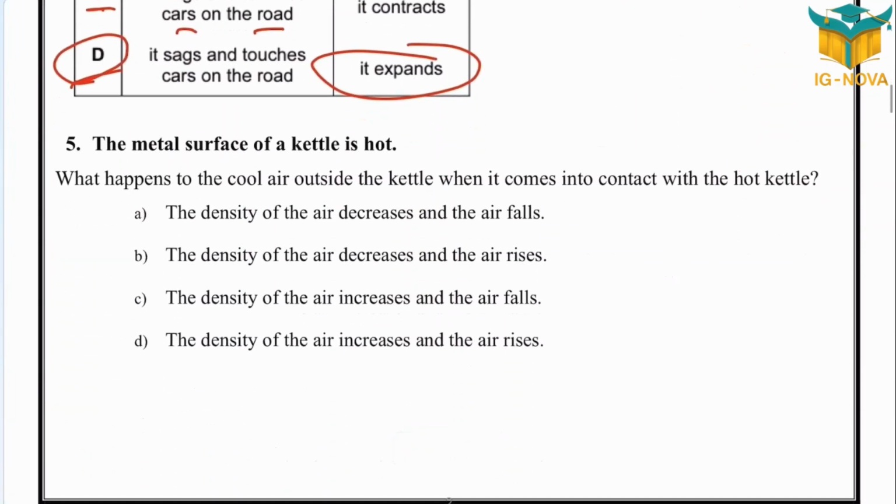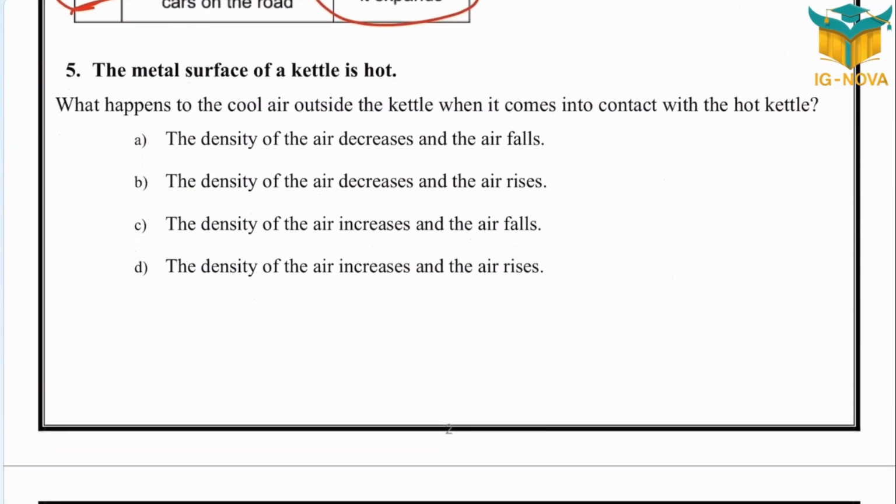Question 5. The metal surface of a kettle is hot. What happens to the cool air outside the kettle when it comes into contact with the hot kettle? You have a kettle and hot air. This is the kettle. Hot air, sorry, it's hot, and cold air there.